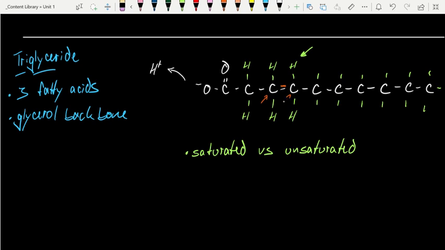We know that carbon makes 4 bonds. So, hydrogens get kicked off. This hydrogen has to leave. This hydrogen has to leave. And we're left with a molecule that looks like this. This is an unsaturated fatty acid. So, by default, let me state this again.